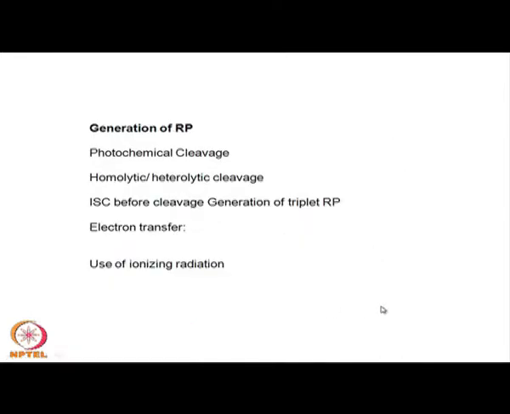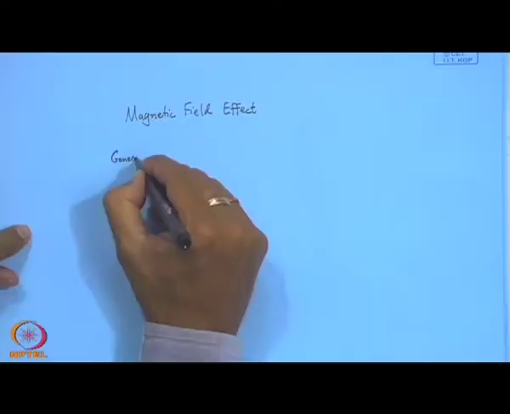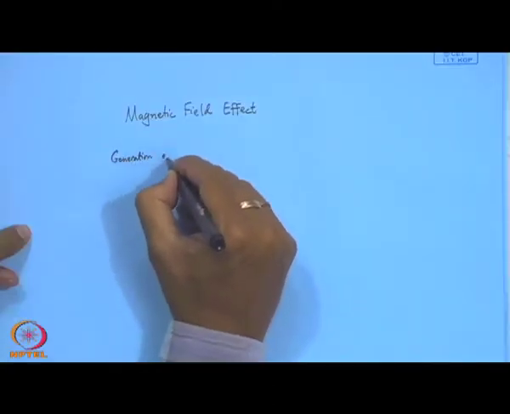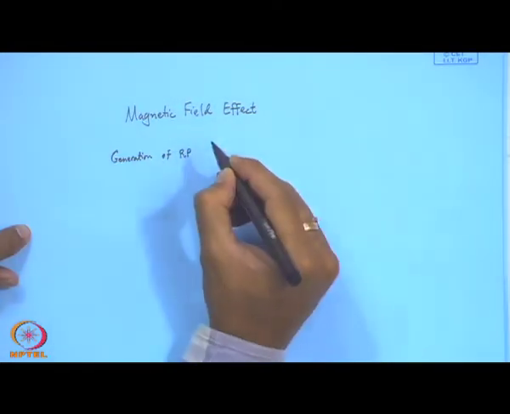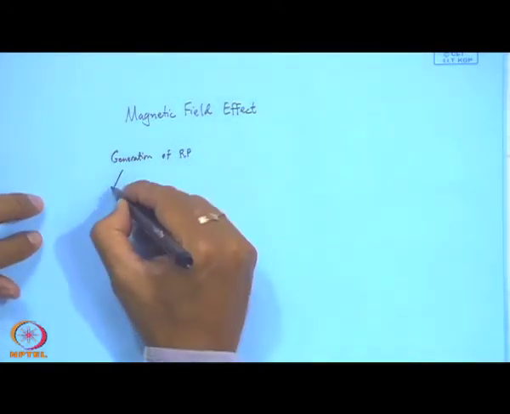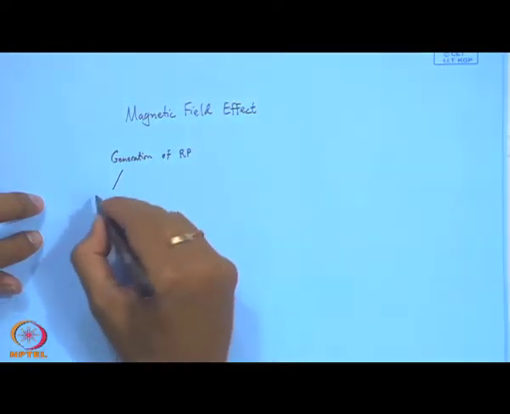Now, whenever it is a question of magnetic field effect, you need the generation of a radical pair. It may be by photochemical cleavage.